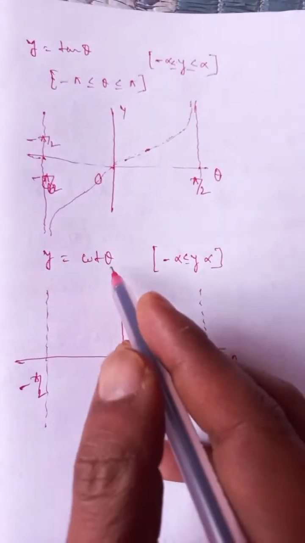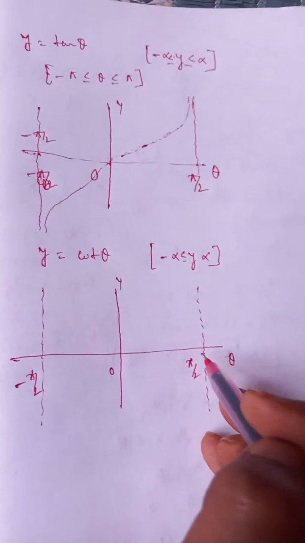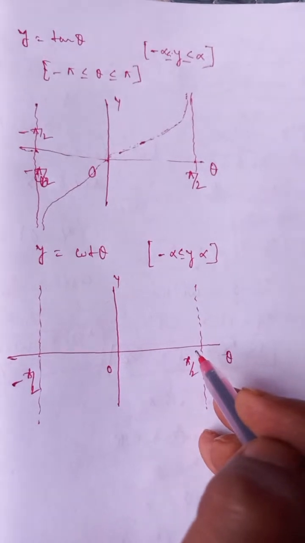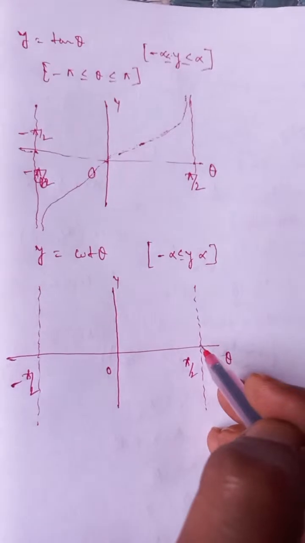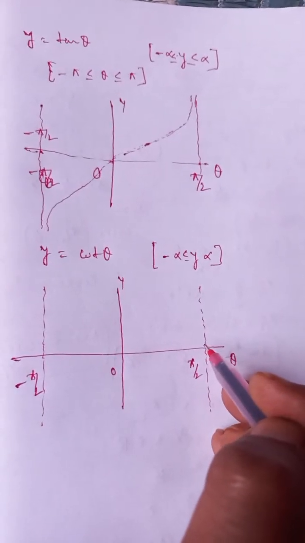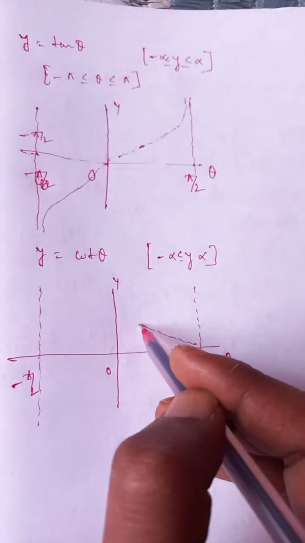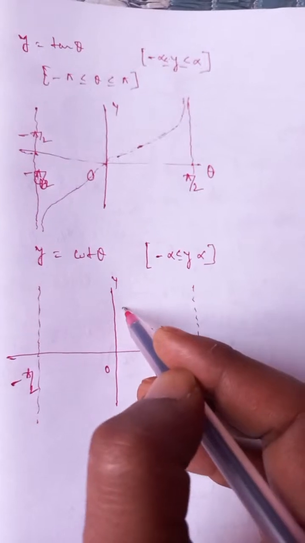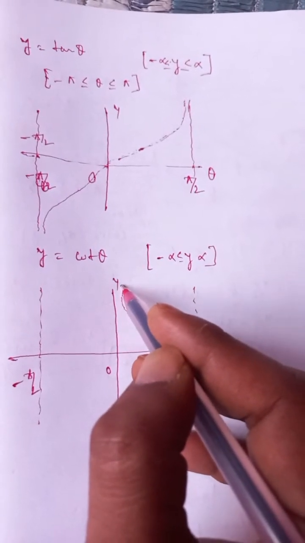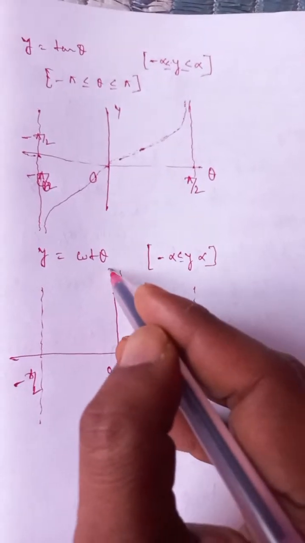At cot 0, it is infinite, but at cot pi by 2, it is 0. So for the first quadrant, it will be positive, and at the point 0, it will be infinite. So it will increase in this way with the y-axis.